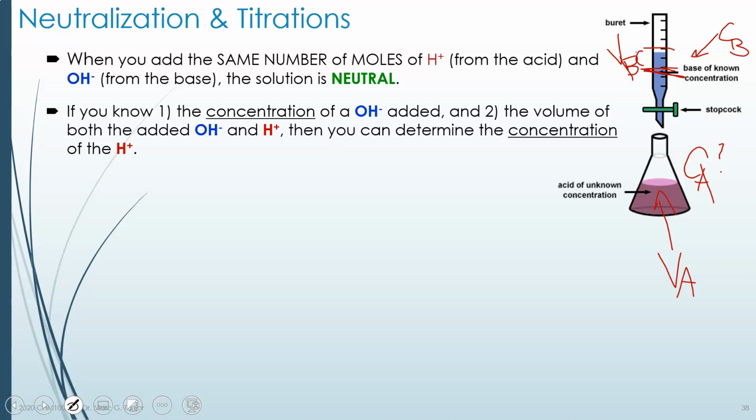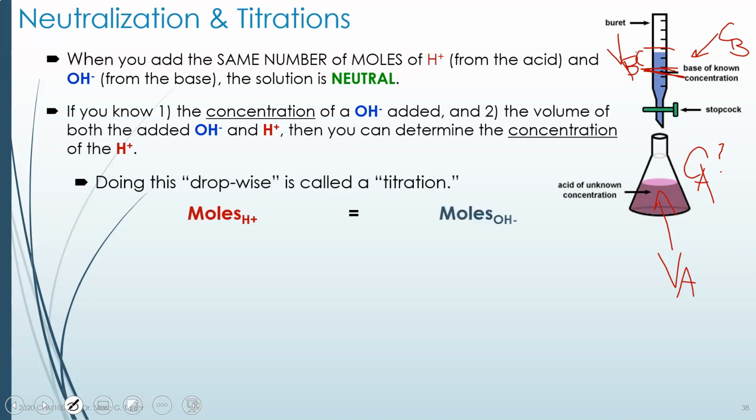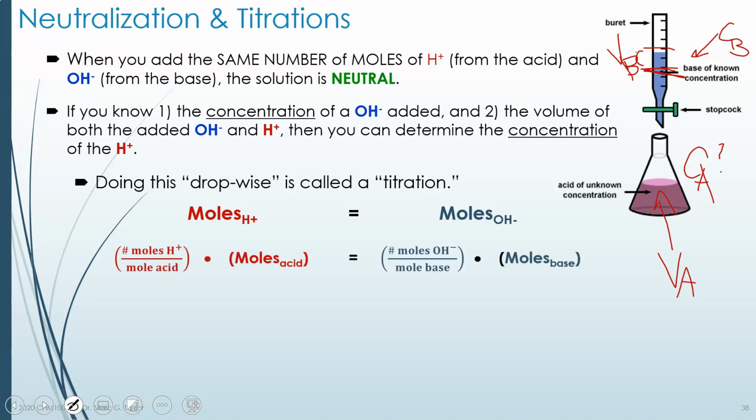Well, how do we do that? Well, we know the volume of both, we know the concentration of the hydroxide, and we're doing this drop by drop until they're exactly equal, until the number of moles of protons exactly equals the number of moles of hydroxide. Well, what are those 2 values equal to? The number of moles of protons is equal to the moles of acid you have times how many acid groups are on that acid.